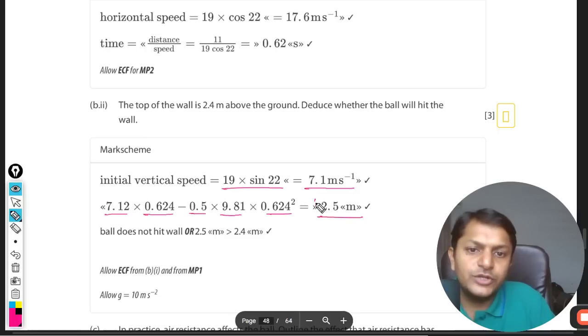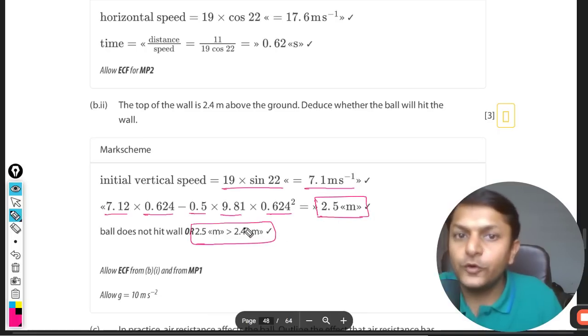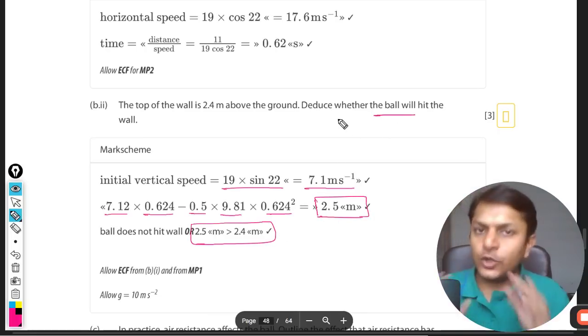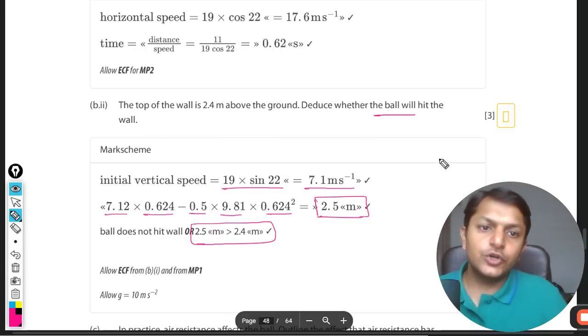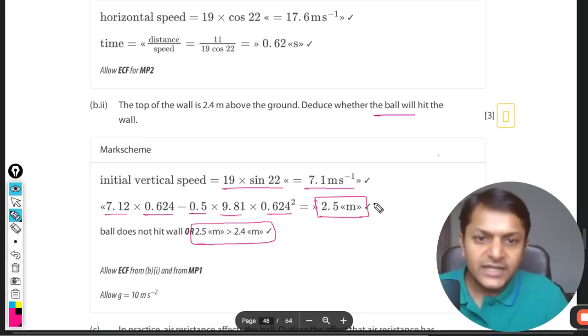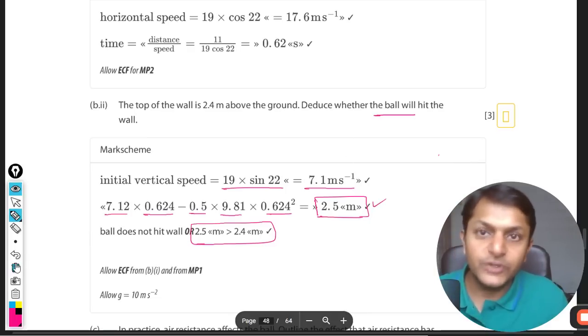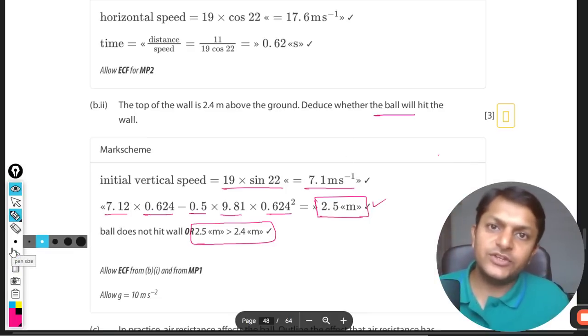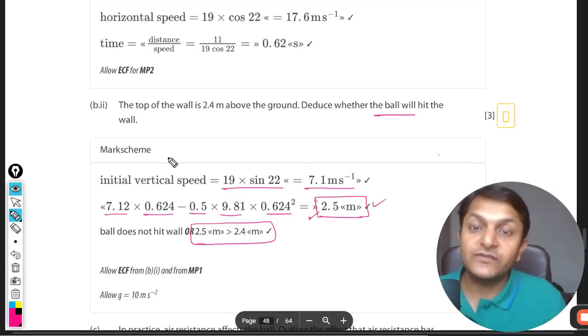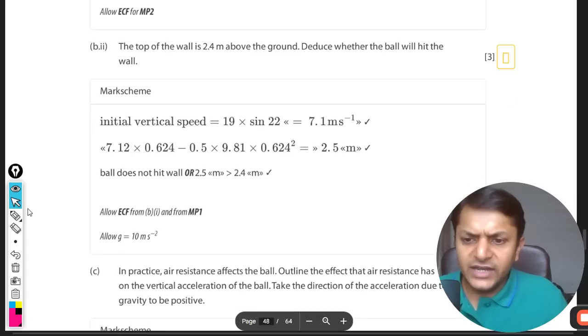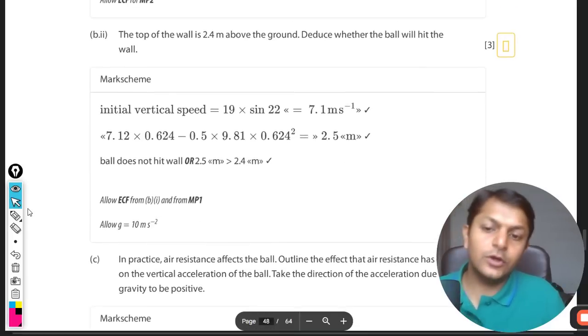And it is coming out to be 2.5 meters, which is clearly more than 2.4, which means the ball is not going to hit the wall and will be moving over the wall. So your answer is 2.5 meters. This is how we do it. I created the equation, you calculate it in the calculator, and you would be getting the answer as 2.5. Is there any other part of this? It's so long.